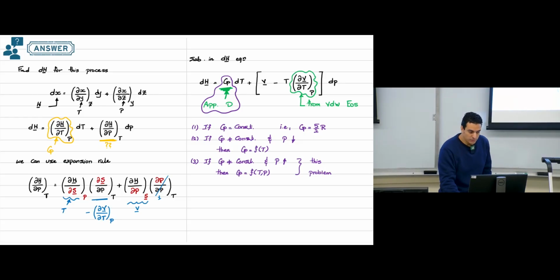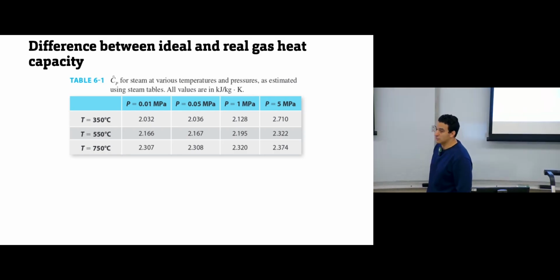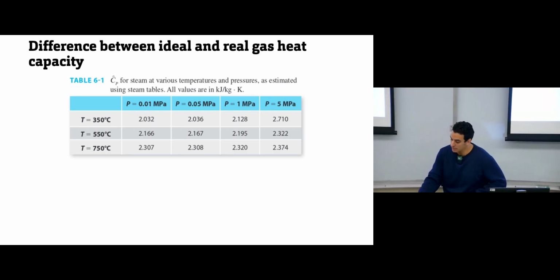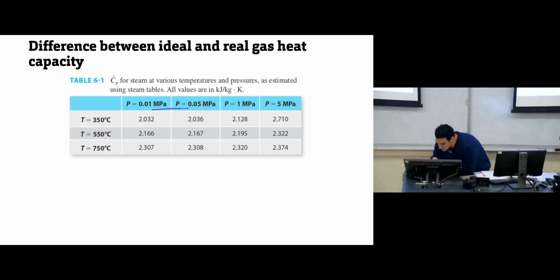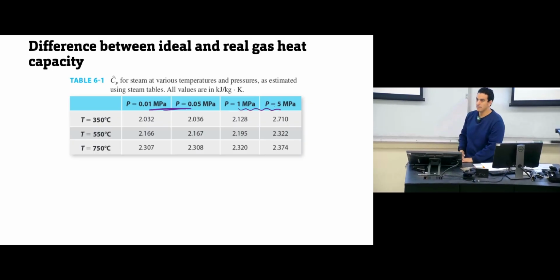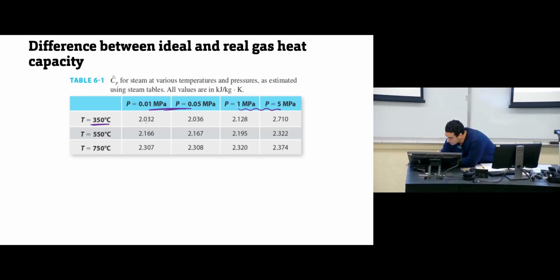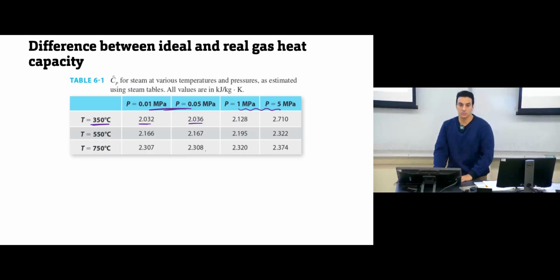Before we continue solving this one and explaining the need for the residual property, let's see this table. This table gives you an idea of how the Cp values change at low and high pressures. At 350 Celsius, for example, Cp is 2 at 0.01 megapascal, and at 0.05 megapascal it's still 2.